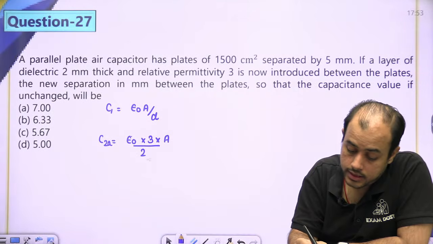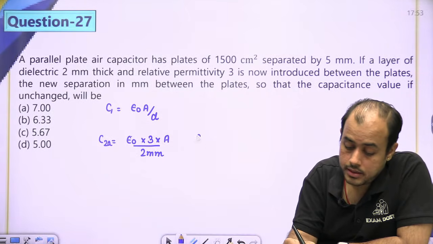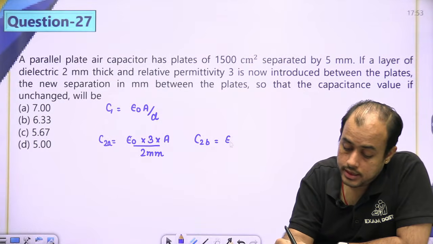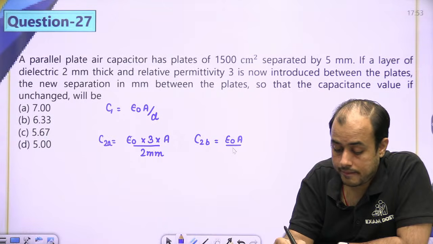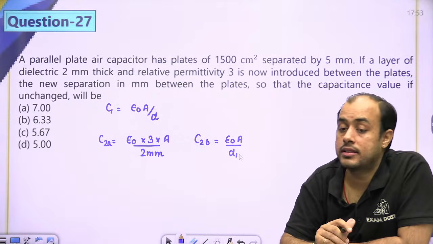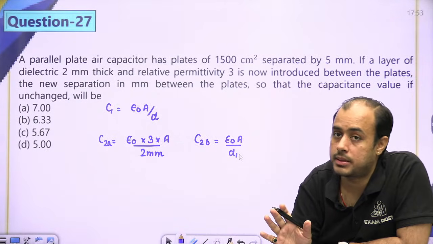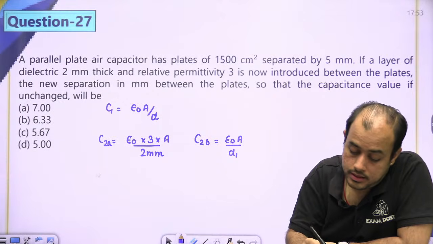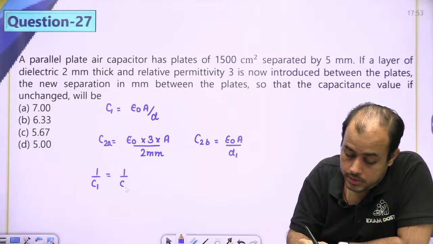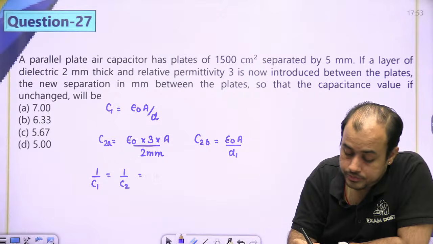The thickness of the dielectric is 2 mm. And let us say in the remaining capacitor we have D1 as air. Because the separation has changed, I have assumed D1. 1 by C1 will be equal to 1 by C2.